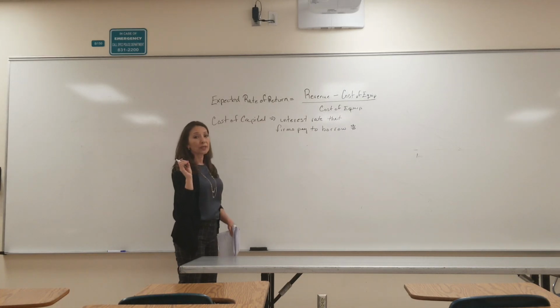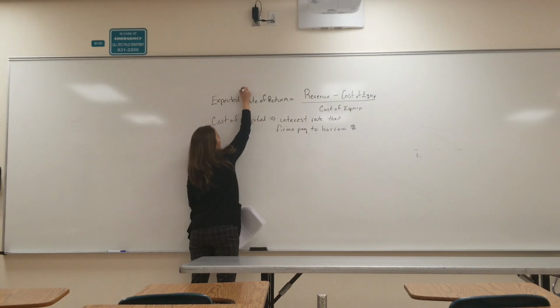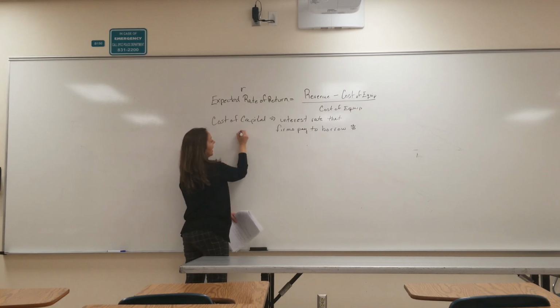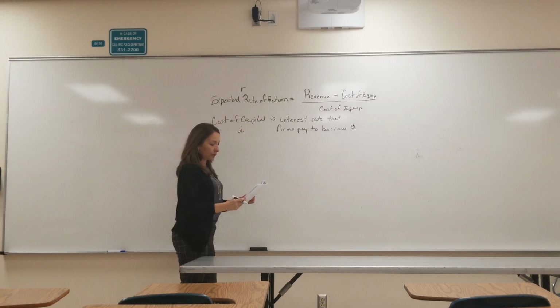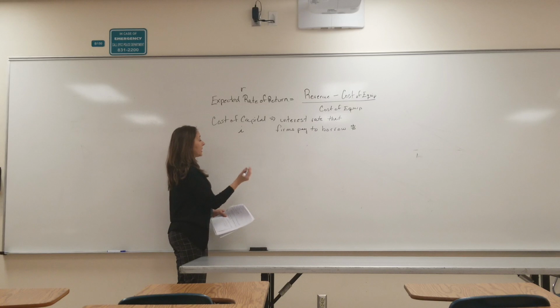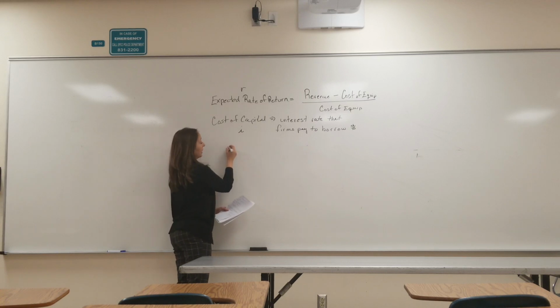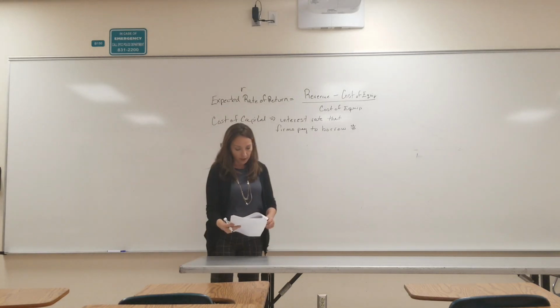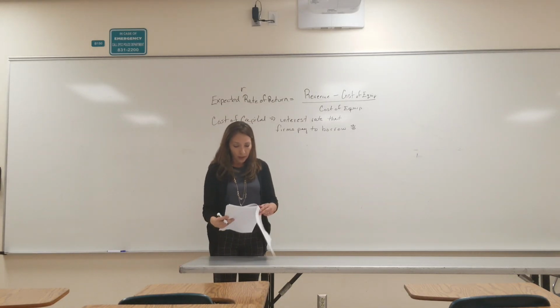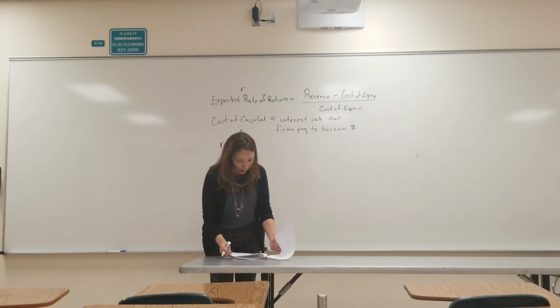I'm going to use two symbols, R meaning the rate of return and I meaning the interest rate. So projects will be undertaken all the way up to where R is greater than or equal to the interest rate. That's the investment rule, if you will. Let me give you a little example here, if I can find it.